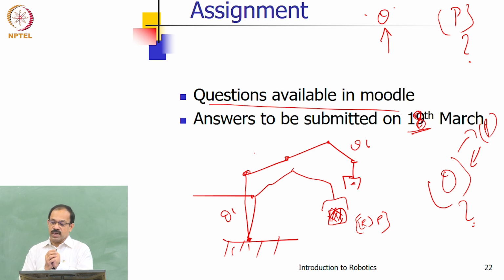Another problem is that if there is an object here and I want to reach it, I can calculate joint angles to reach here. But I can actually reach like this also. So I have two ways to access this, or sometimes multiple ways. Then it becomes more complex because I will have multiple solutions.